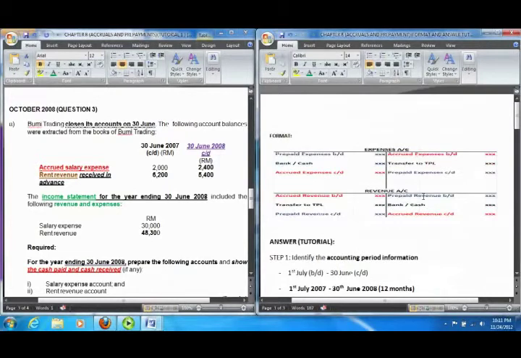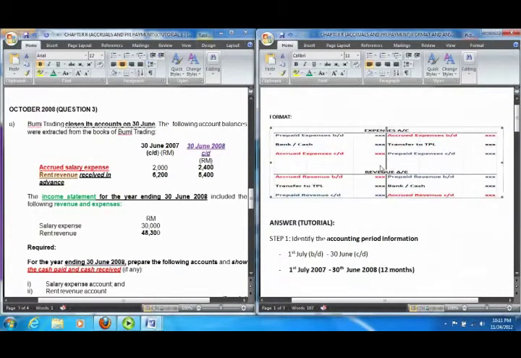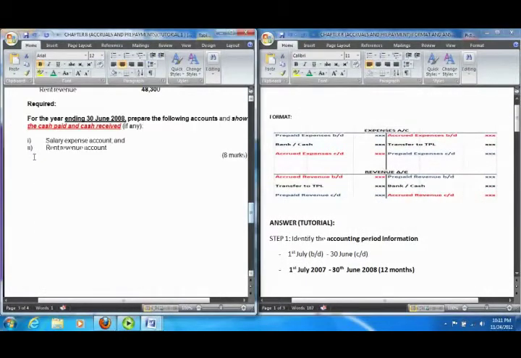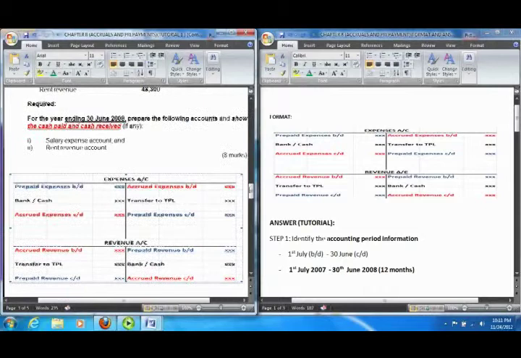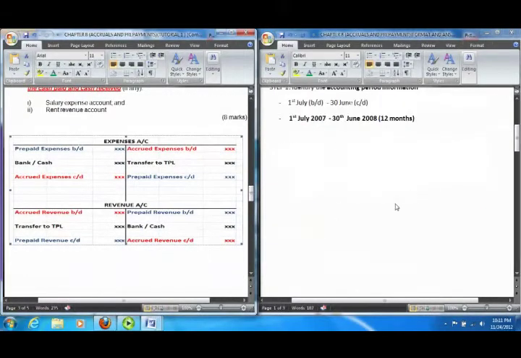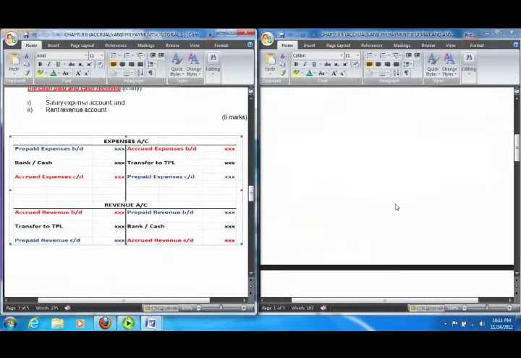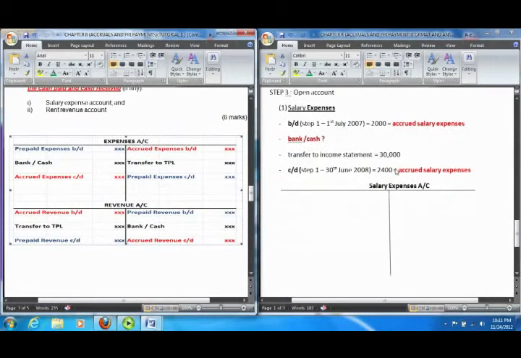We try to put the format here, so it is easy for you to see and try to apply this format in the question. Alright, you go to your step 3 again. Okay, now you have all the information: BD, bank cash, transfer to income statement, and your CD.